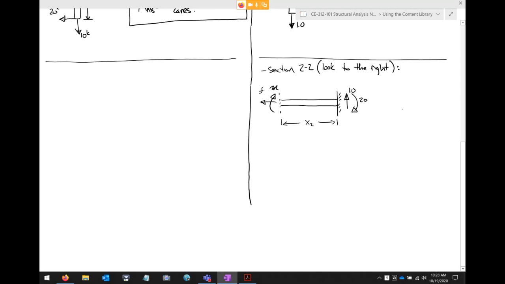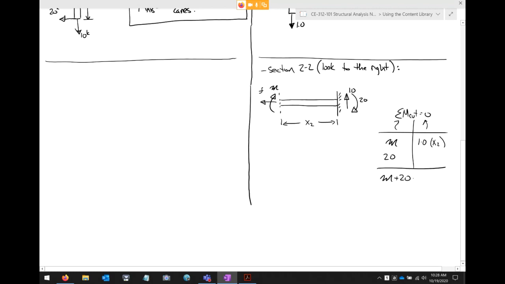So now I probably ought to sum moments at the cut. When I sum moments at the cut, I don't have to consider the f. I do need to consider the little m. I've got 1 times x2, and I've got 20 going this way.